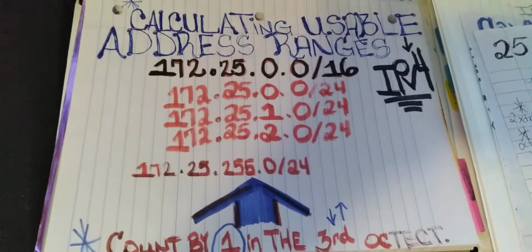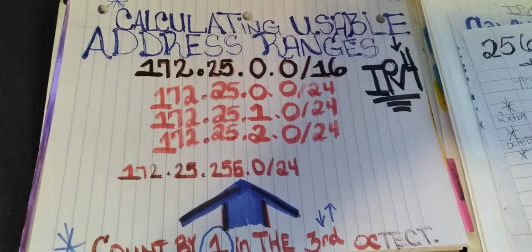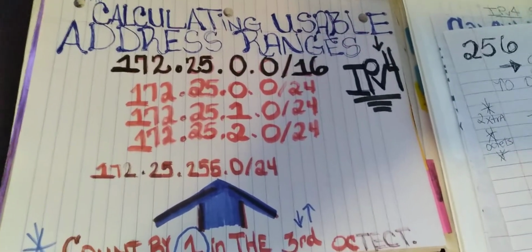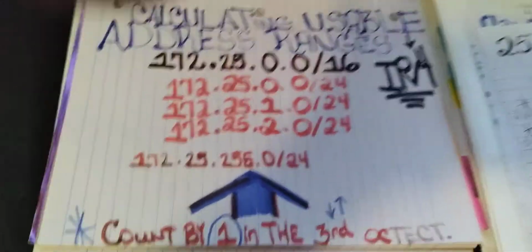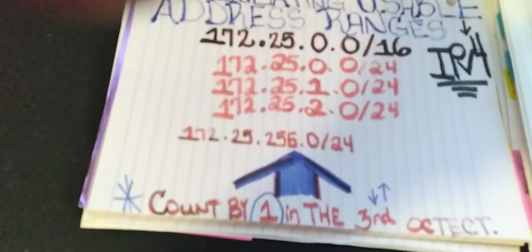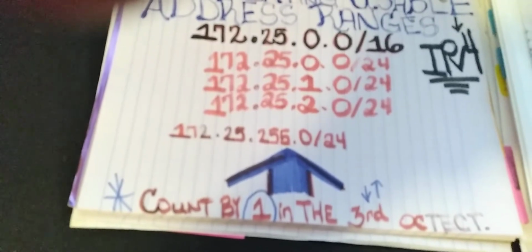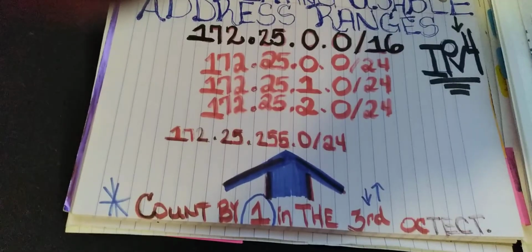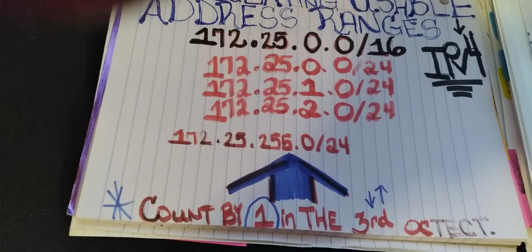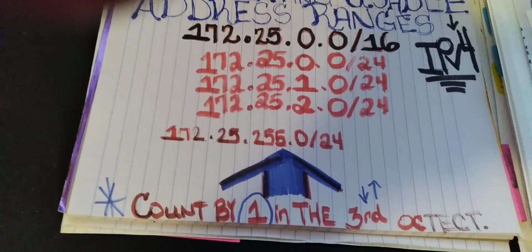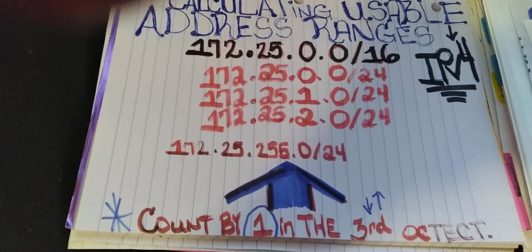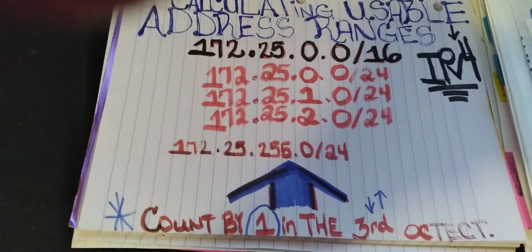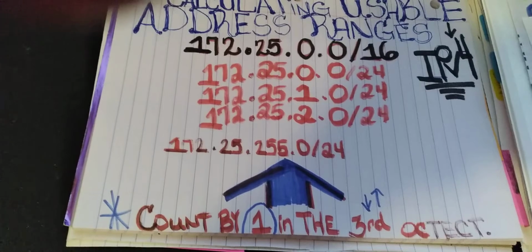So what we're going to do is say we have these two extra octets, and we're going to use that third octet, which is 8 bits, and incrementing that by 1 creates a new network and then another. So we just use the third octet.